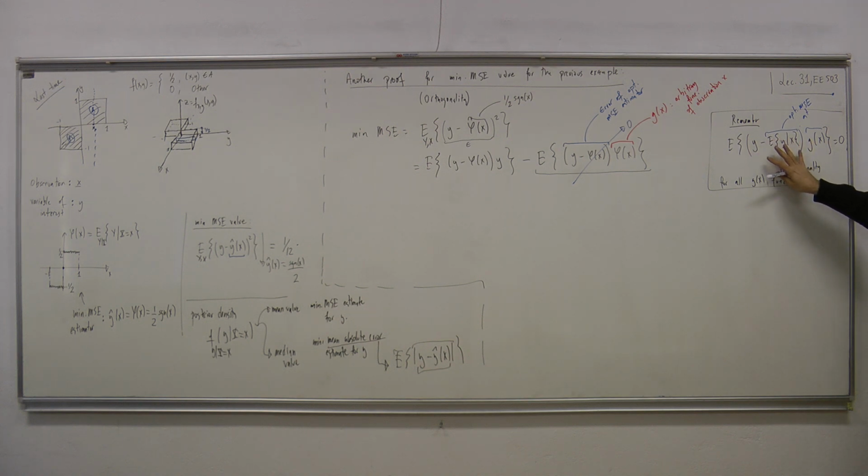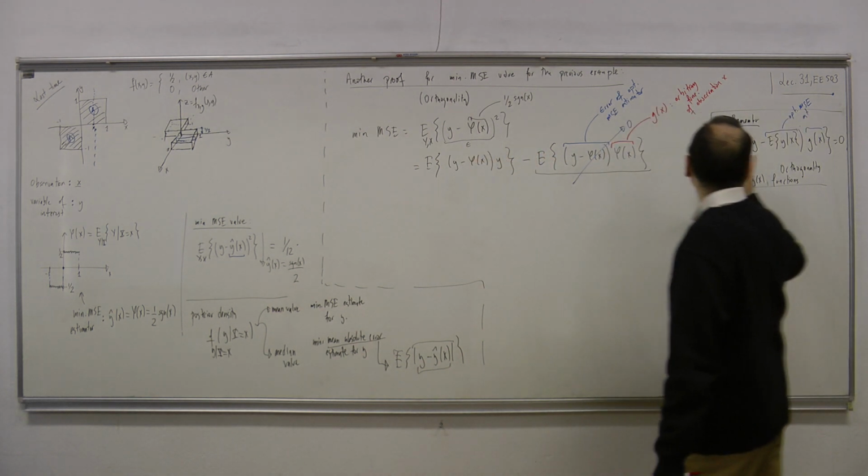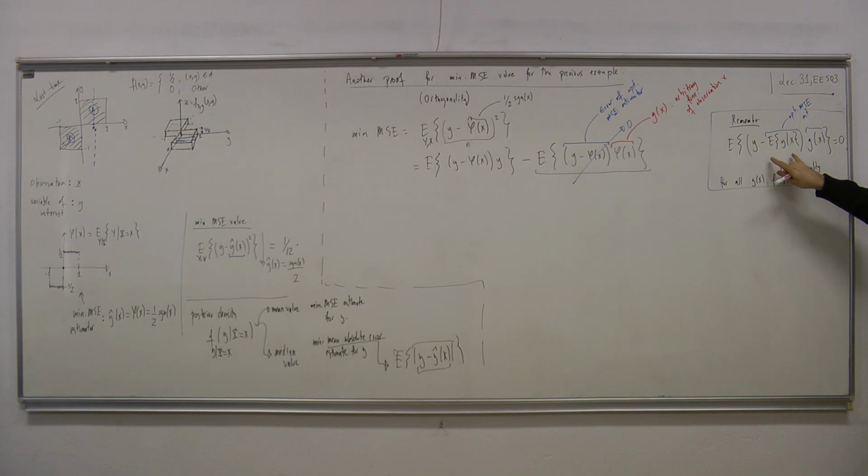At the end of this estimation process, the optimal estimator creates an error random variable which is orthogonal to x, orthogonal to x squared, x cubed, sine of x, tangent of x. It is basically saying that this optimal estimator extracts all dependencies from all nonlinear processing of x, and the error becomes orthogonal to all of this processing.